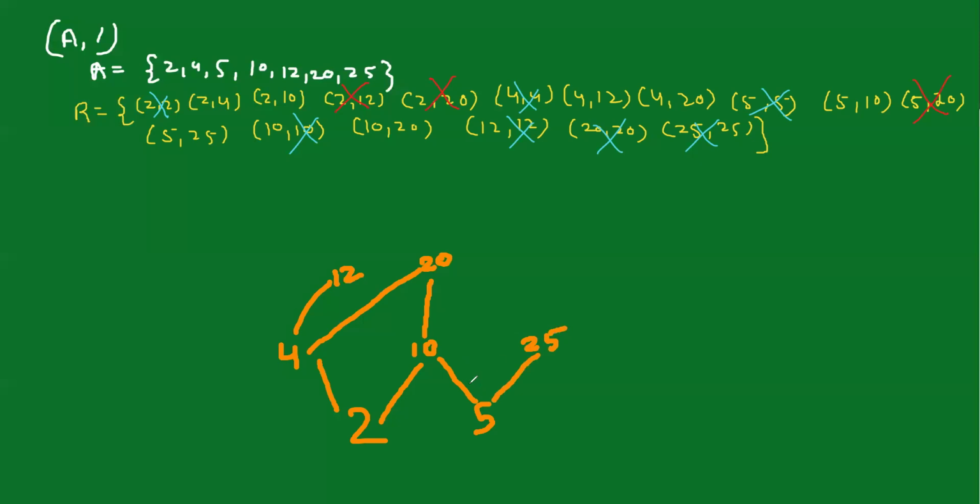Like this. 10 is related with 20. Okay? So you can write like this. 4, 10, 25. Don't think that 25 is greater than 10 and 20. That's why you can write here. Understood?